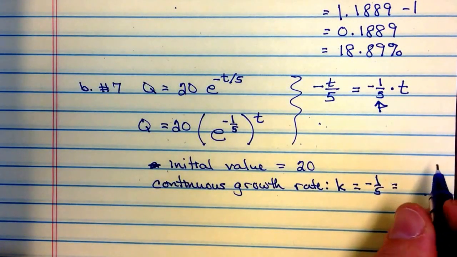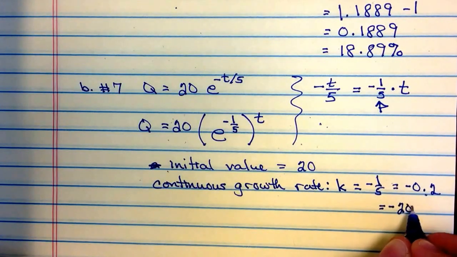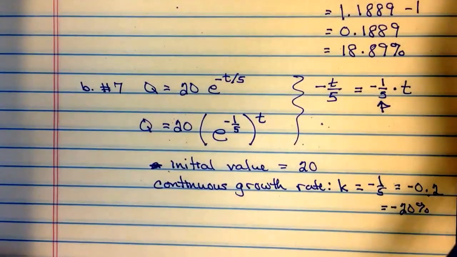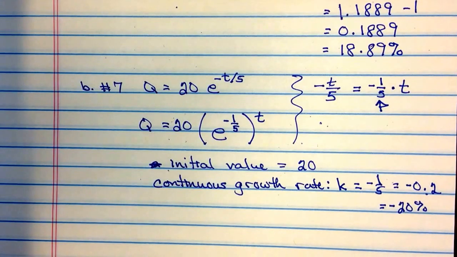And if you plug that in your calculator, that's minus 0.2 or minus 20% continuous growth. All right, and that's really all they want.